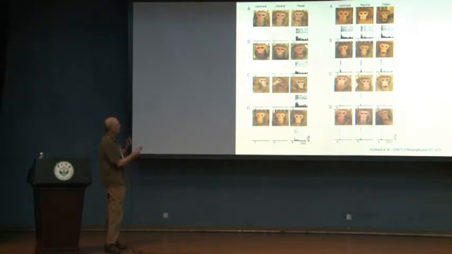So just 2 examples here. Here is one neuron recorded from the monkey amygdala, and this neuron responds only to a particular emotional expression, which is the expression of threat, regardless of the identity of the face that is shown. So these are 4 different monkey faces, but the threat expression drives these neurons in the amygdala.